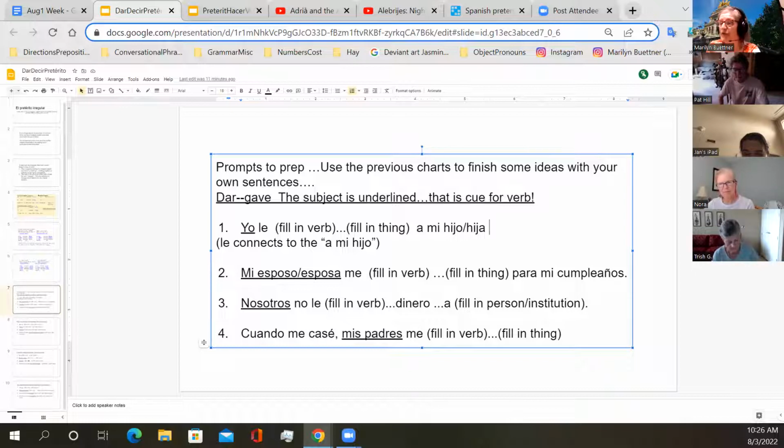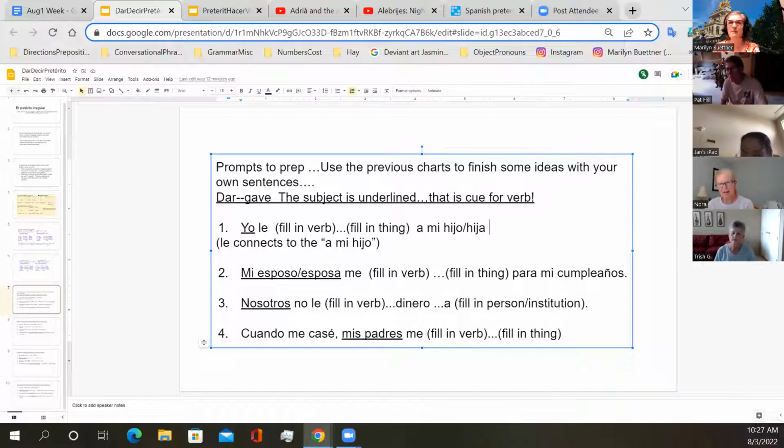Entonces, número tres. Nosotros no le, and now you're going to have to fill in a person at the tail end. But it's a we. We're conjugating it for we, nosotros. Nosotros no le dimos dinero a nuestro primo.